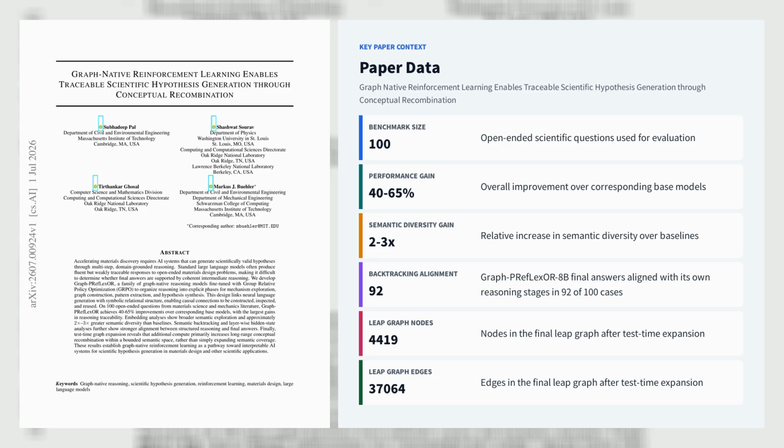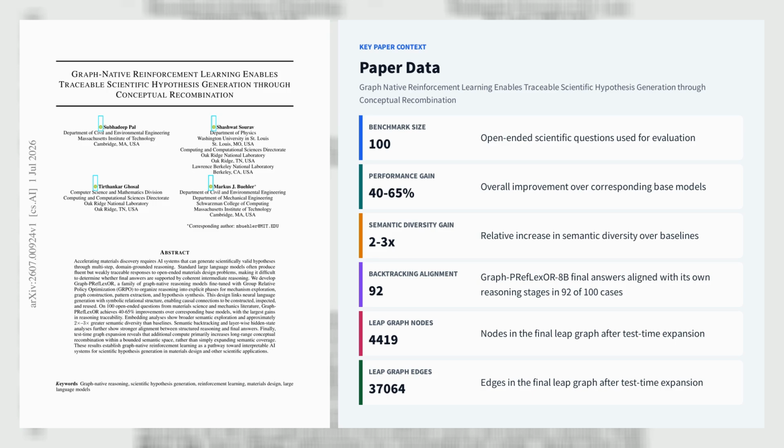Semantic backtracking shows Graph-PReFLexOR 8B final answers align with its own structured reasoning in 92 of 100 cases, and specifically with <synthesis> in 89 of 100 cases, while Qwen3 8B aligns with its own thinking trace in only 16 of 100 cases.